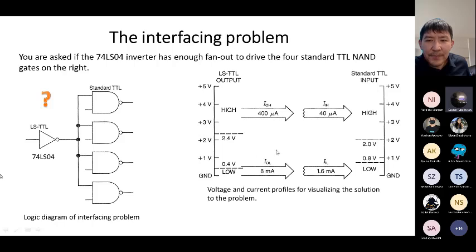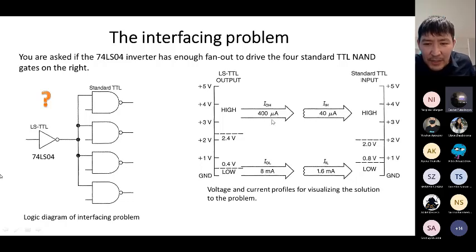So you can see the LS TTL output. It's the output of the inverter, and this is the input of this NAND gate. So how can we calculate the fan-out?